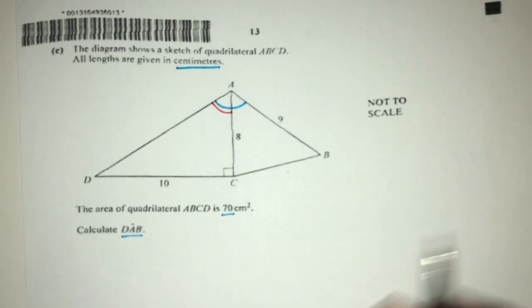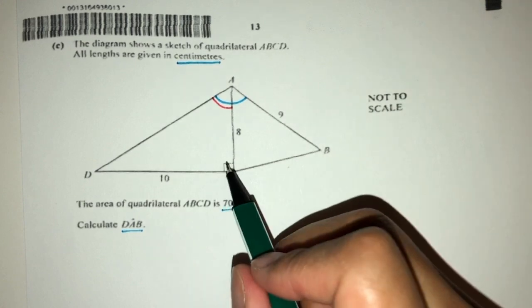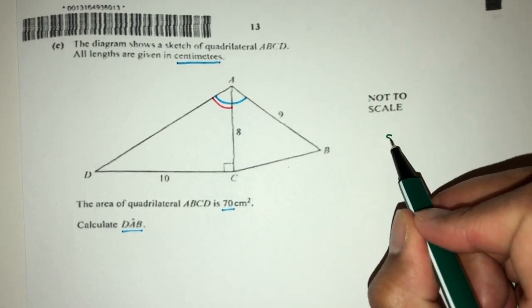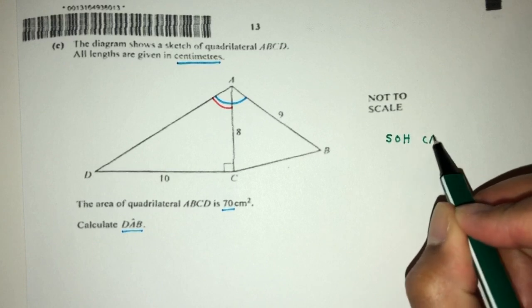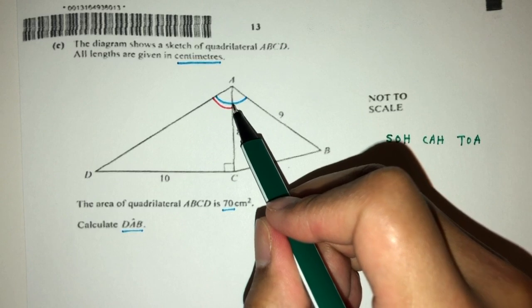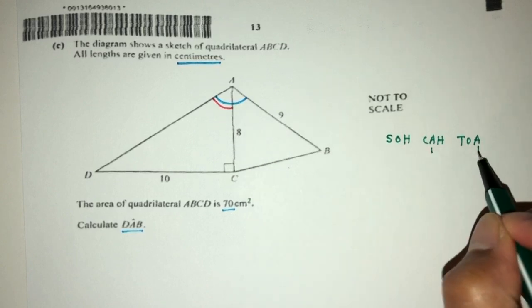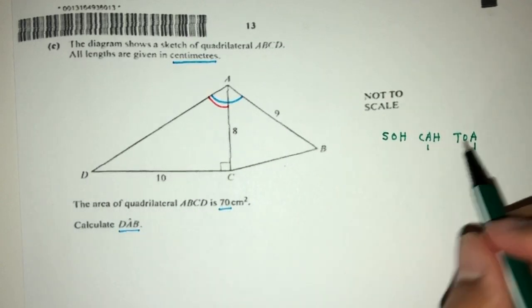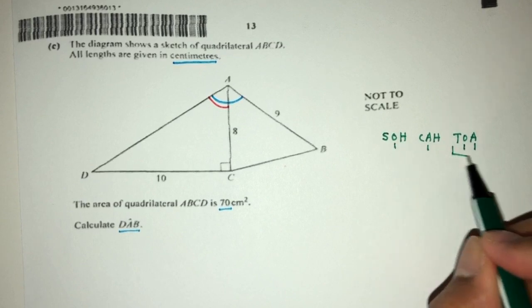So let's do that. Let's write this down to make things easier for you to know which one to use. Here we have the adjacent side, so A and A, and here we have the opposite side, so O and O. We have to use tan.